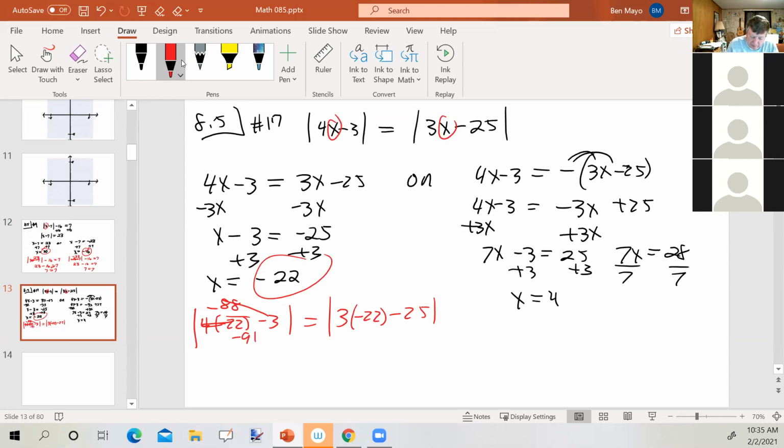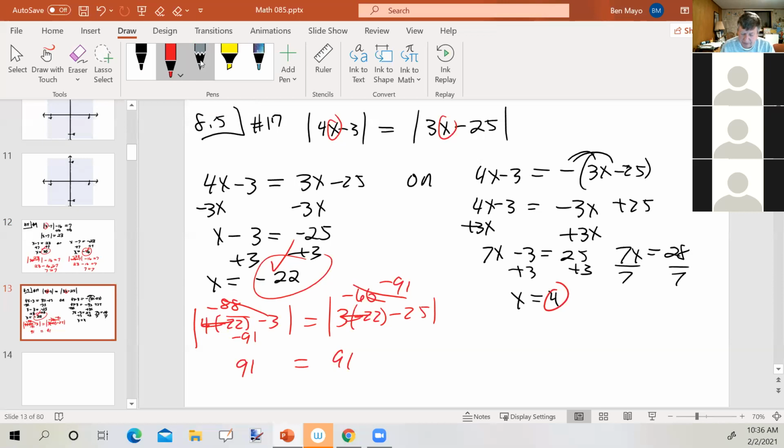The absolute value of negative 91 is 91. 3 times negative 22 is negative 66. Negative 66 minus 25 is negative 91. The absolute value of negative 91 is 91. We get 91 equals 91, so x equals negative 22 is a correct solution.